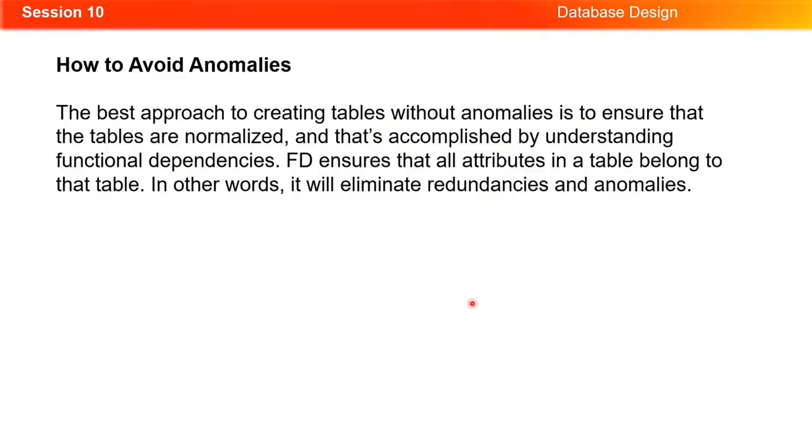It can result in having more tables than what the original estimate was, but this will be a great way to ensure that there will be as few anomalies as possible.